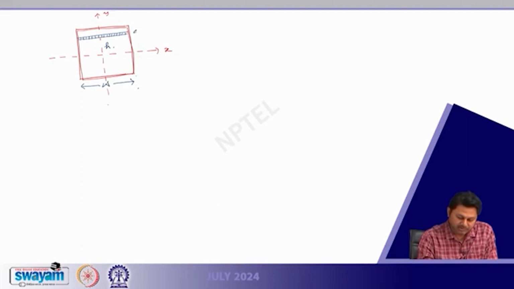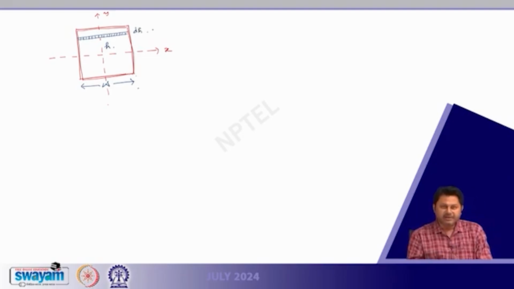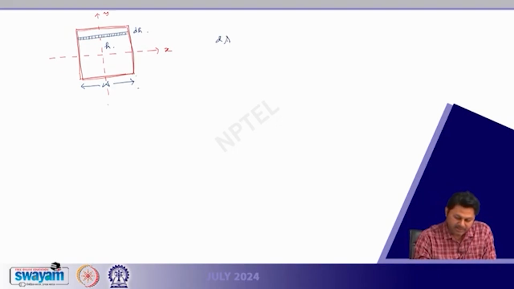These things is dh. After having this geometry, we can write that dA, small area here, is w into dh. So, the integral will be over h.